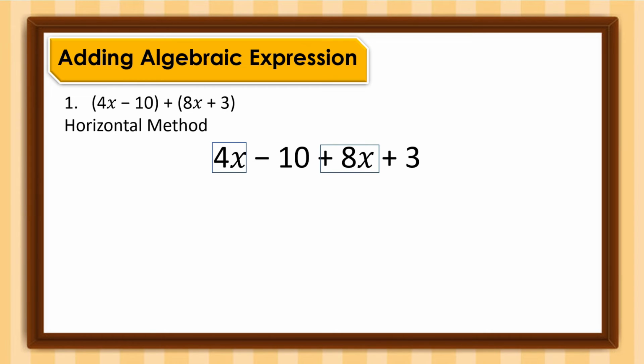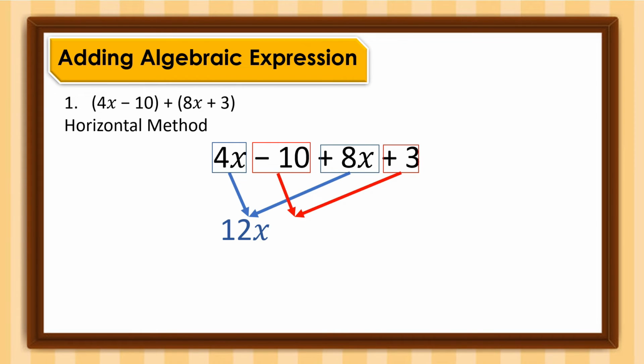So 4x and positive 8x are like terms. Negative 10 and positive 3 are also like terms. Then let us combine the like terms. 4x plus 8x is 12x, and negative 10 plus 3 is negative 7. Therefore, the answer is 12x minus 7.